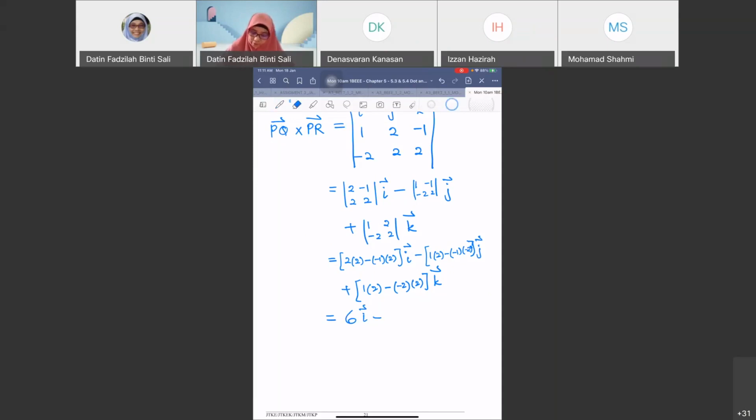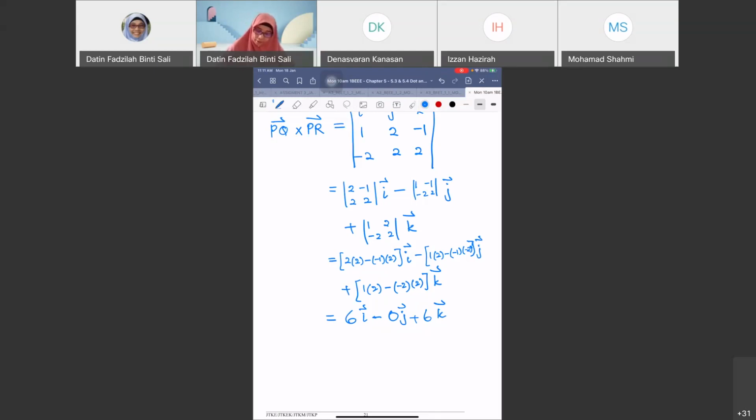Nothing for the j, never mind, I just put 0j. And then plus, you have 2 minus minus 4, so plus 4 gives 6k. So basically, you have 6i minus 0j plus 6k, or you can write 6i plus 6k.